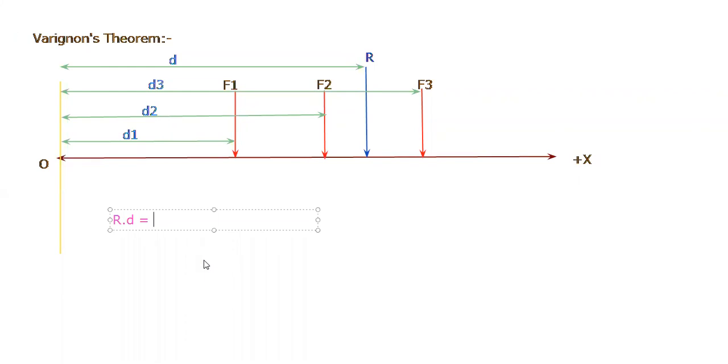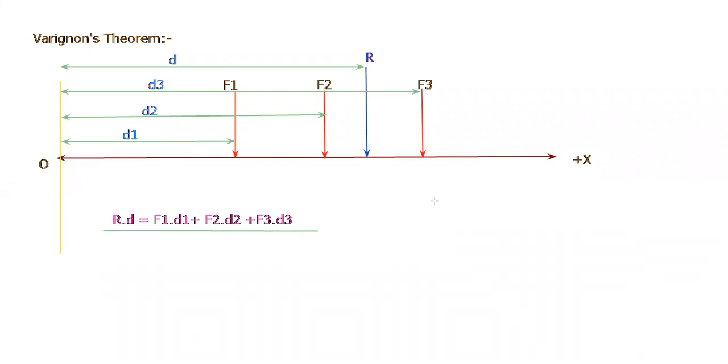We'll write it here again: F1 into D1 plus F2 into D2 plus F3 into D3. So here we have got the expression for Varignon's theorem. I hope that you got this expression. This is an important expression.